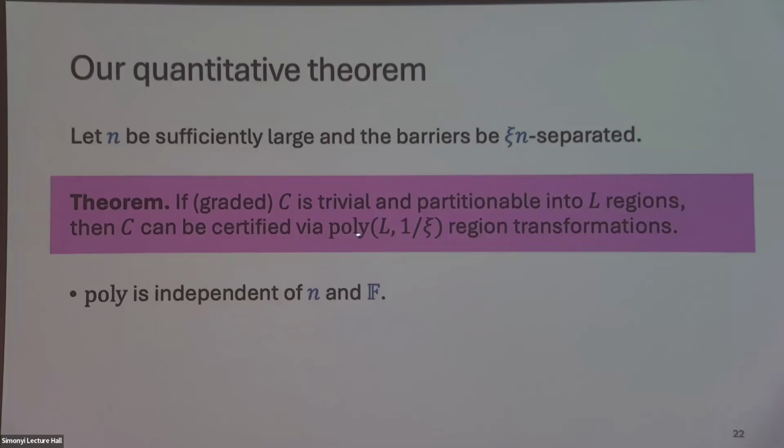And in particular, all we're really going to need is that for fixed separation and for fixed length, you get some bound which is independent of both the number of wires and of the field size. Is that independent of C as well? Independent of C, yeah. Well, I guess the L is the length of C, or the number of regions used in C. Okay, yeah, sorry, it's the length.